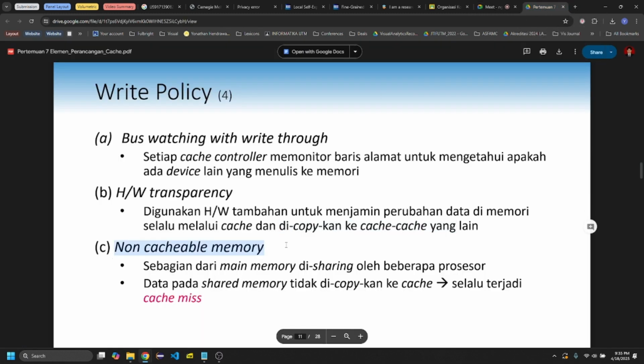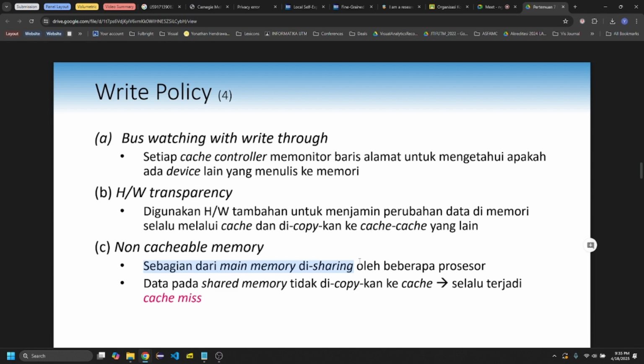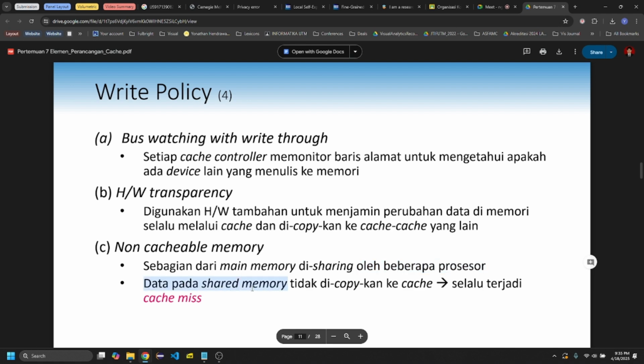And then the third one, non-cacheable memory. Parts of the main memory are shared by a few processors, several processors. Data in that shared memory will not be copied to the cache. It always results in a cache miss.